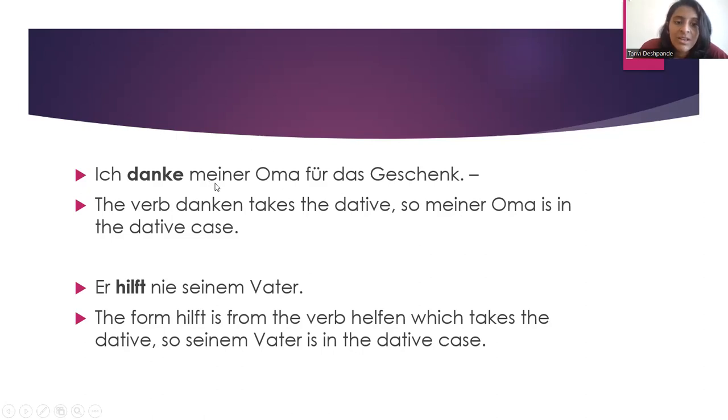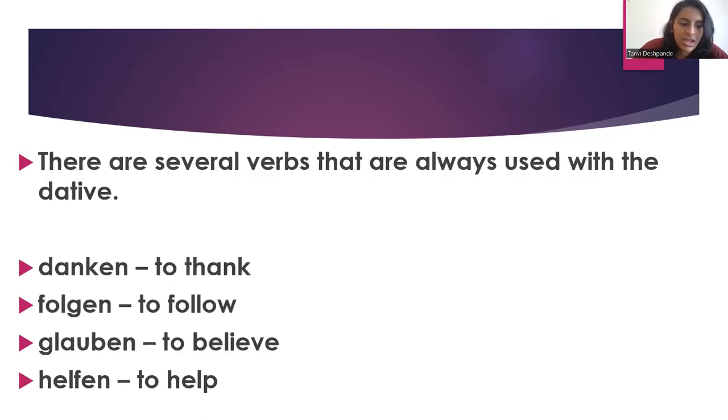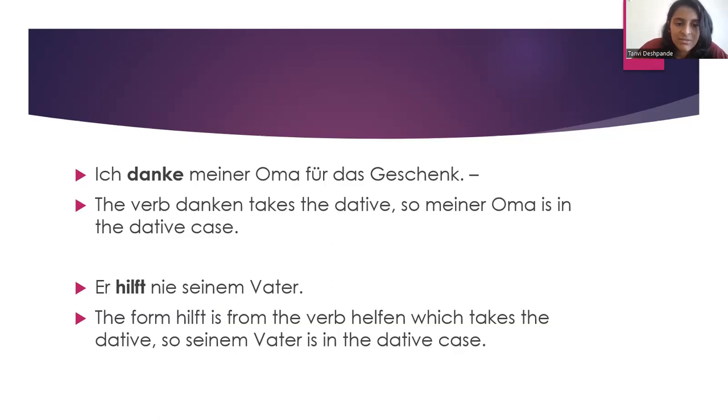That is why Oma directly went into the dative case. That's why it became meiner. Er hilft seinem Vater. The form hilft is from the verb helfen, which takes the dative case. That is why Vater is in the dative case.